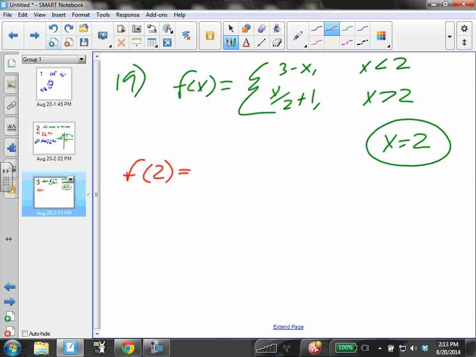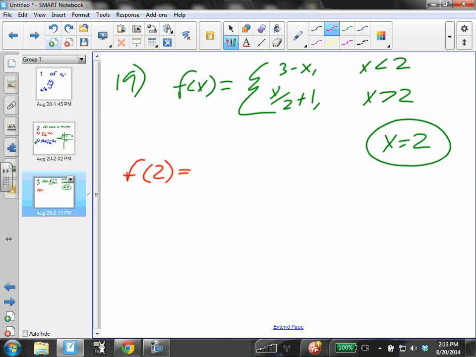We take the 2 and we just plug it into the proper equation. The top equation or the bottom equation? Both right now. And the reason why is because it doesn't mean where we're coming from.